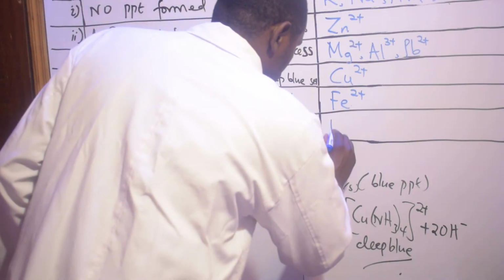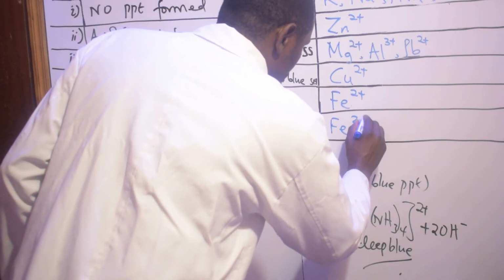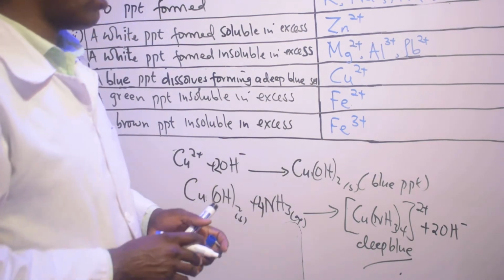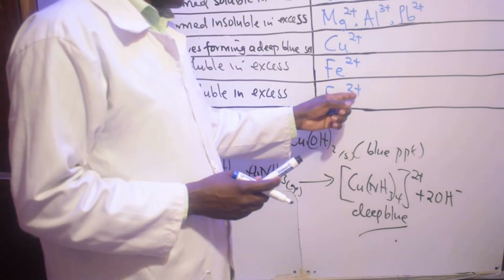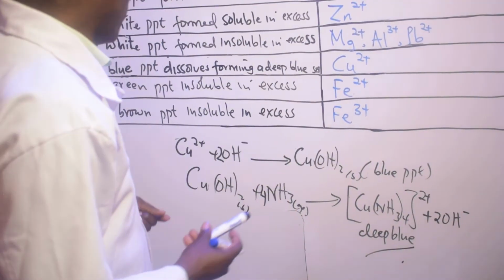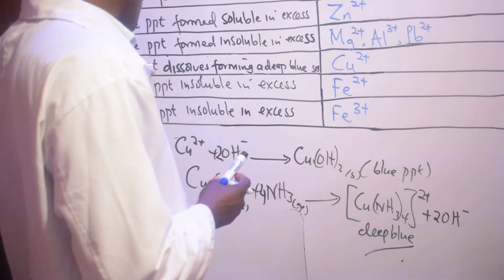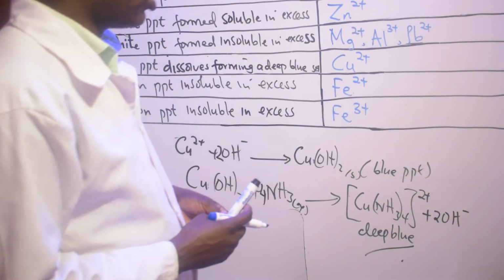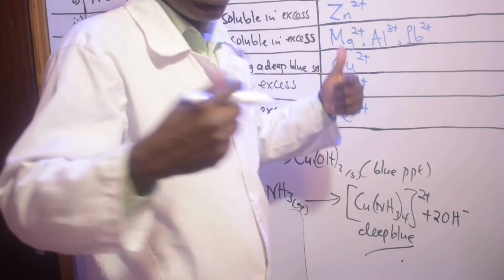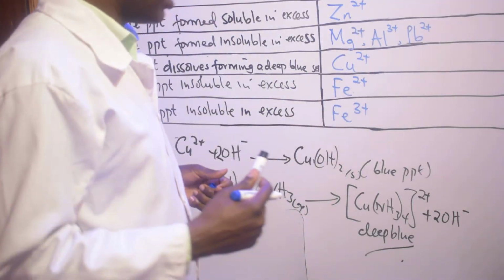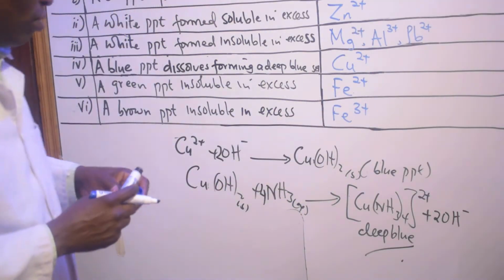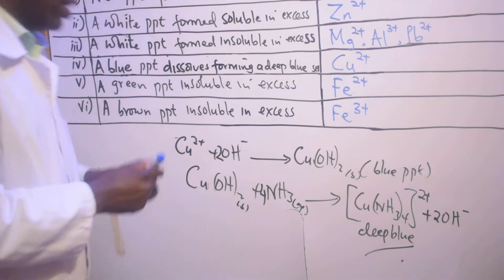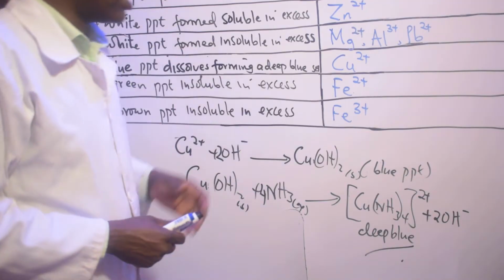That one we talked about, the iron 3 ions. Some similarity that you can see here: the iron 3 ions, iron 2 ions. This one is similar. Copper ions, you can see a blue precipitate. The only difference when it comes to sodium hydroxide is that it does not dissolve in excess because it does not form a complex ion. And that's what we're talking about as far as ammonium hydroxide is concerned.